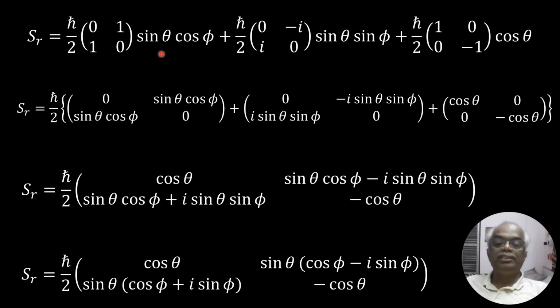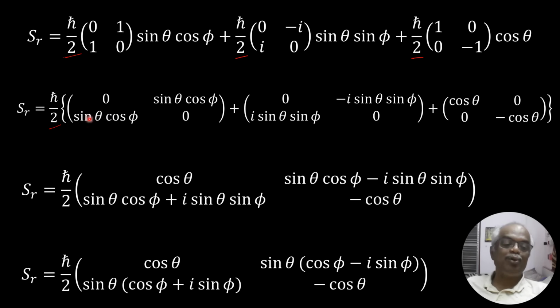Now we got this expression. We have three matrices. We will make it one. Here you have ħ/2 in all three terms. You take ħ/2 as common, then you multiply this matrix by sin θ cos φ. If you do the multiplication, this will be 0, and sin θ cos φ.